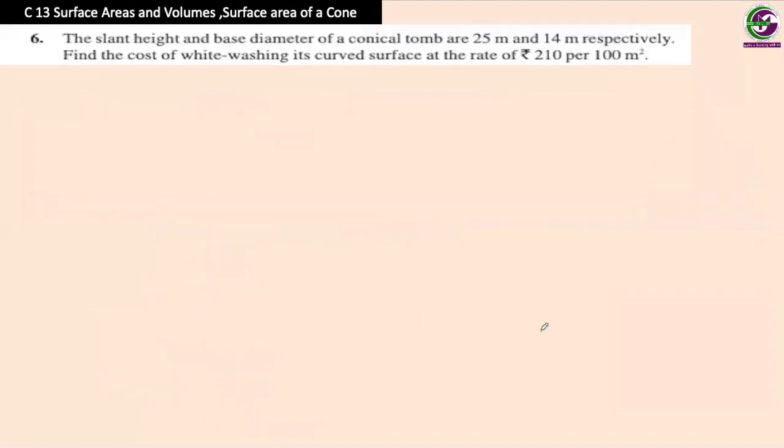Let's see question 6. The slant height and the base diameter of a conical tomb are 25 and 14. So slant height, L is 25 and diameter is 14. So radius is 7. Find the cost of whitewashing its curved surface at the rate of 210 per 100 meter square.